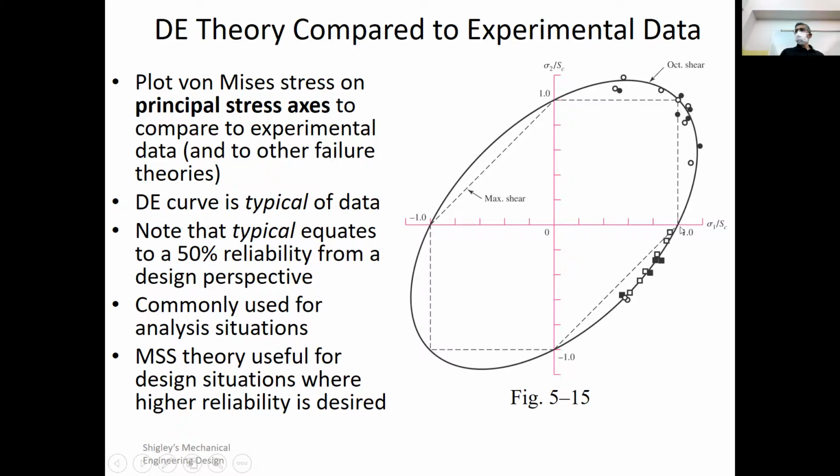The points are aligned along this ellipse that we are looking at. That's why it is more accurate. So when we are designing, we are probably using the conservative MSS. When we are analyzing and we want to make sure we get as accurate as possible, then we use the distortion energy theory.